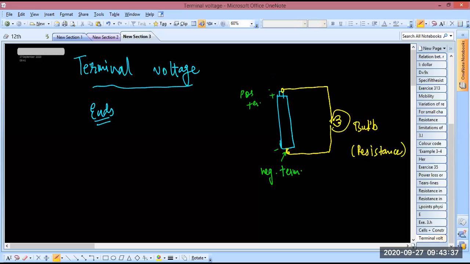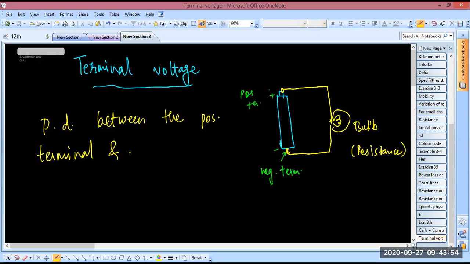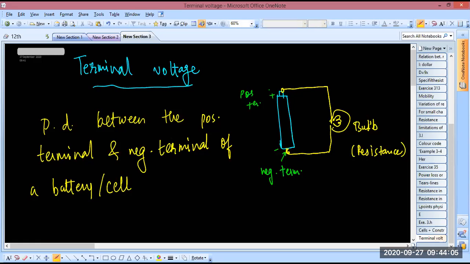So at this moment, if somehow you calculate or find out what's the potential difference between the terminals, or between the positive terminal and negative terminal of a battery or a cell, it doesn't matter which you write, because battery is nothing but a combination of cells, right?